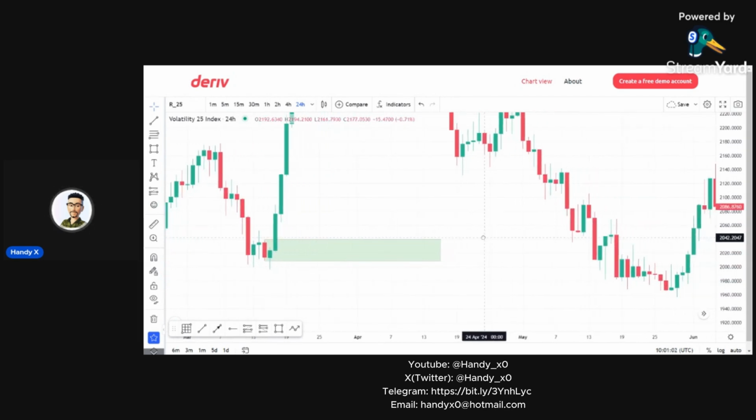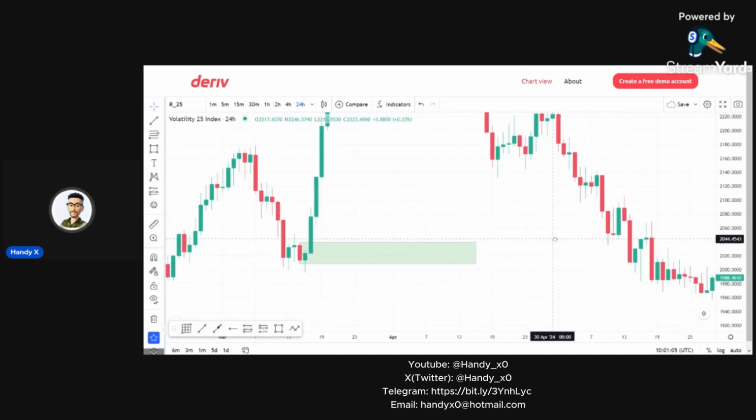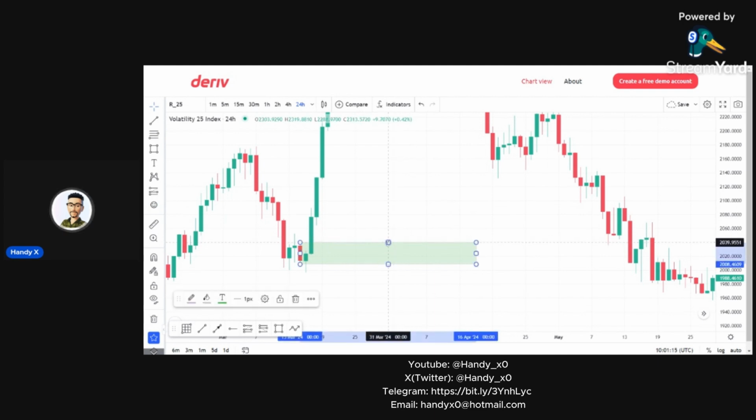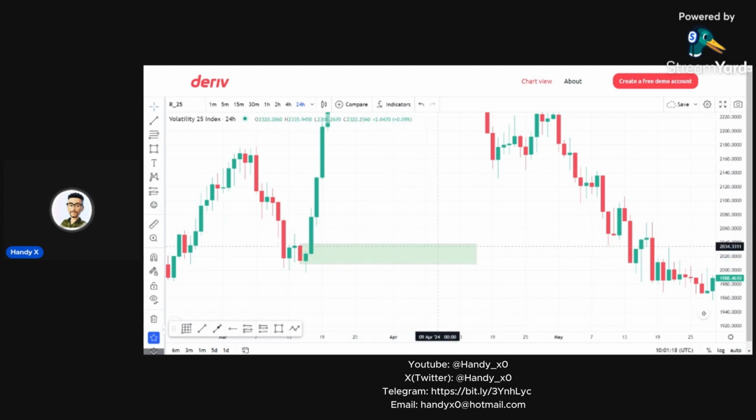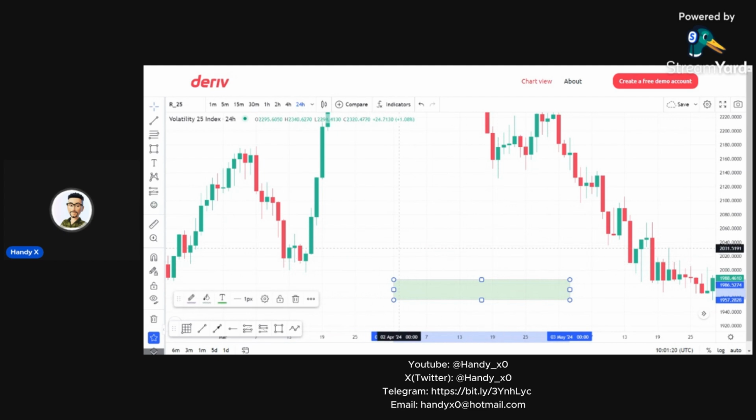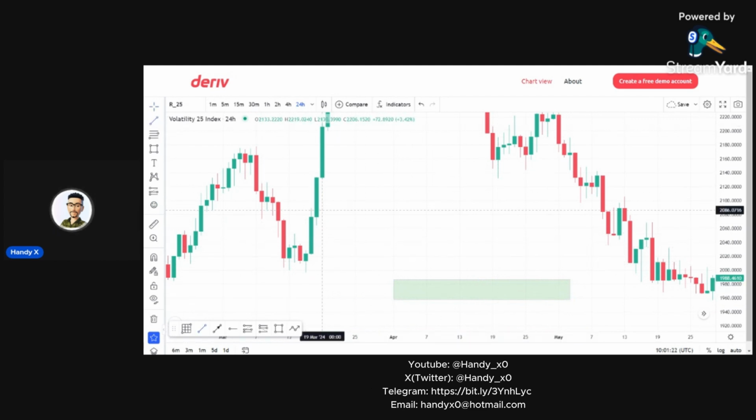But if you're going to look at this as an order block, you're going to fail, because there are a lot of things to consider before this becomes an order block. In the ordinary sense, this may be referred to as an order block. So why do we call this an order block? Because there is the presence of a fair value gap. This is the gap we're talking about between this point here and the third candle.